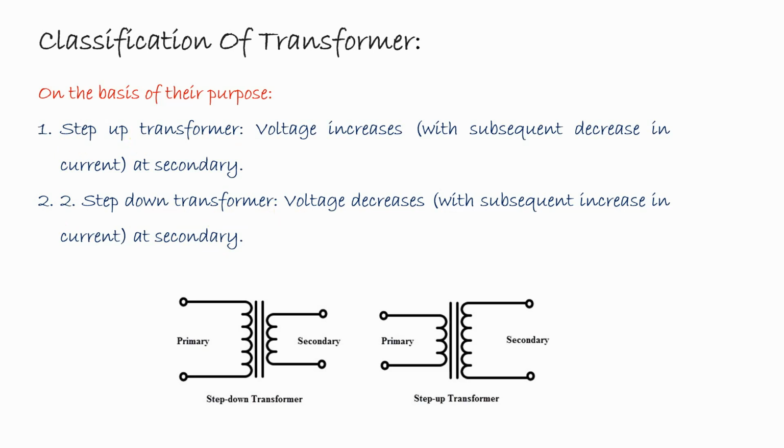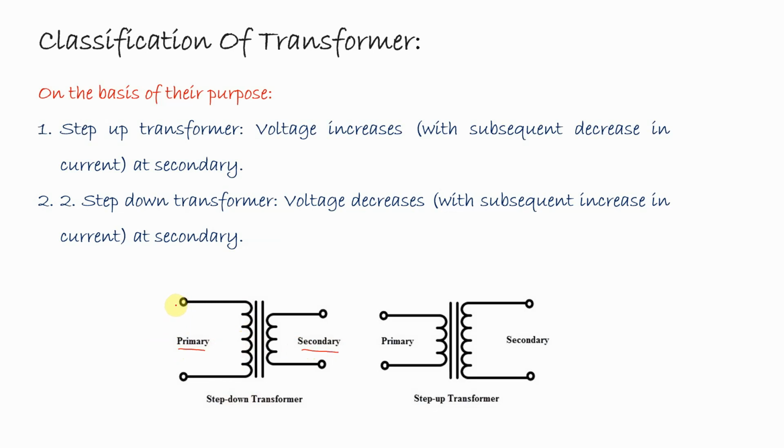This is the schematic of the step-down and step-up transformer windings. Here we can see that for the step-down transformer, the number of turns on the input side, that means the primary side, is more than that of the secondary side.